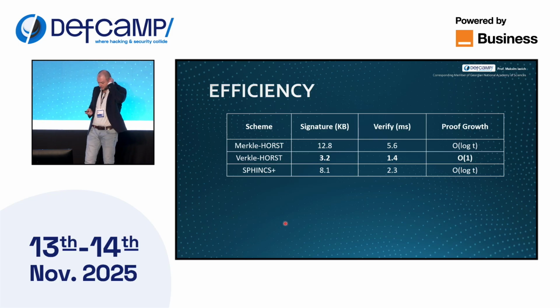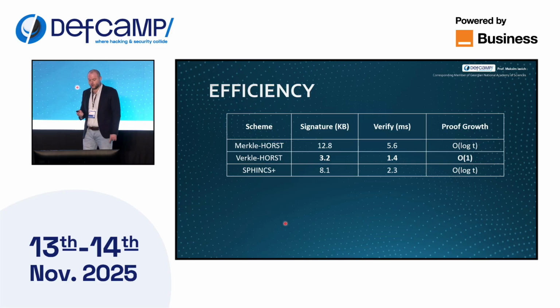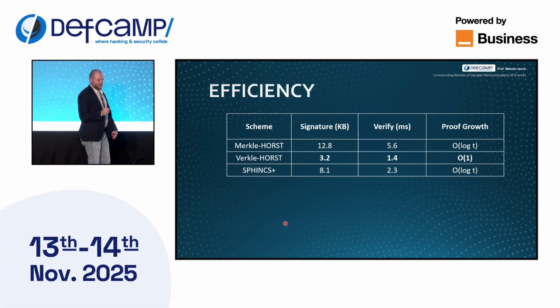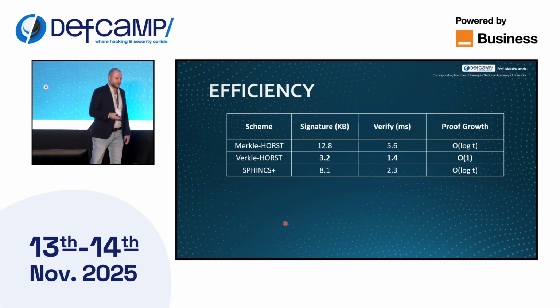About efficiency. You can see our signature, the Verkle-based HORST, compared to SPHINCS+. SPHINCS+ is already optimized. They use a so-called fractal tree. They don't use one tree, they divide it into different trees.